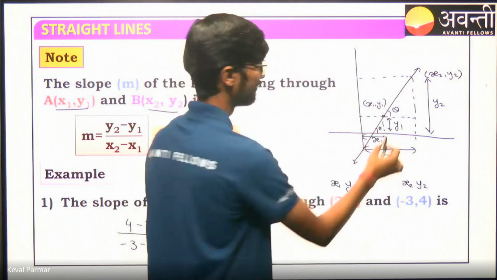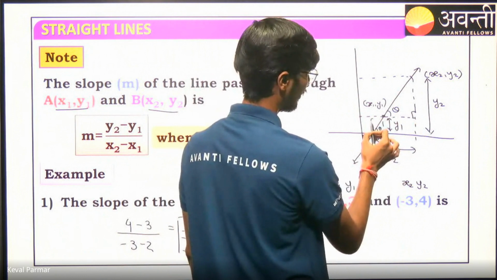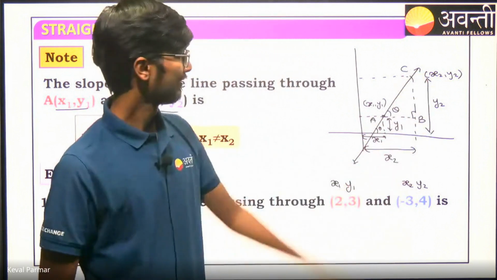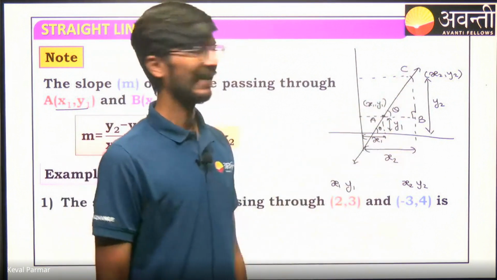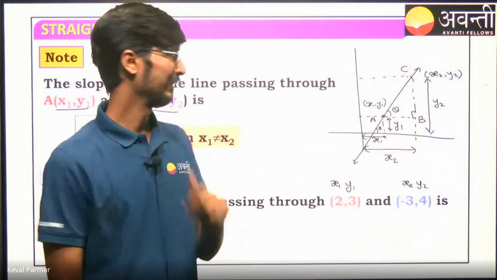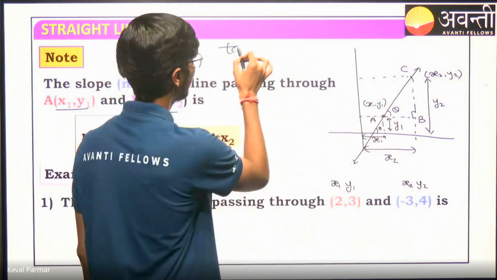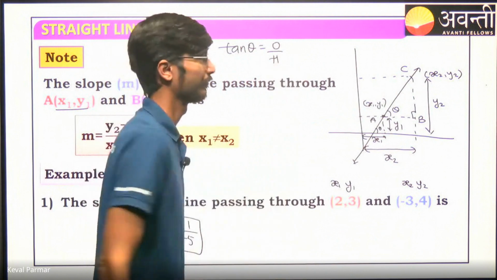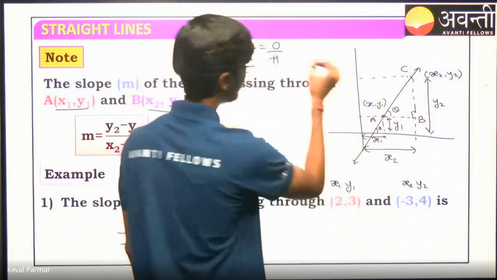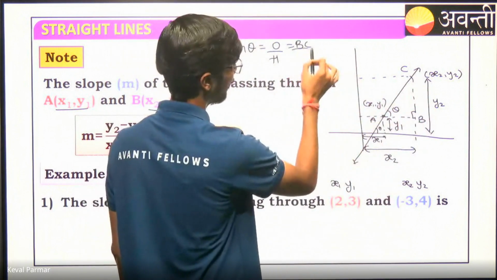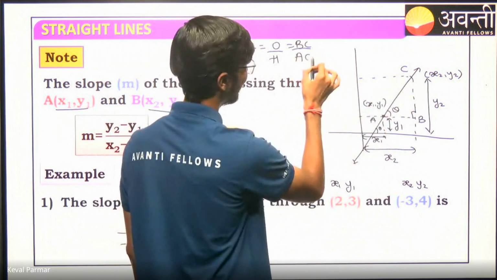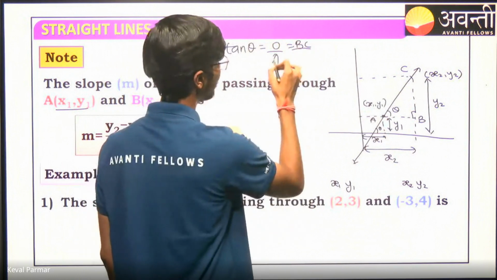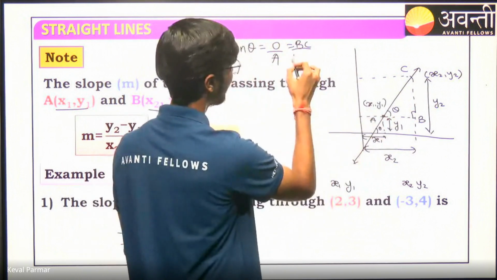You can see this triangle, let me name it A, B, C. This triangle ABC is a right angle triangle, and we know that in a right angle triangle, tan theta is opposite upon adjacent. What is the opposite side? The opposite side is BC. What is the adjacent side? It is AB.